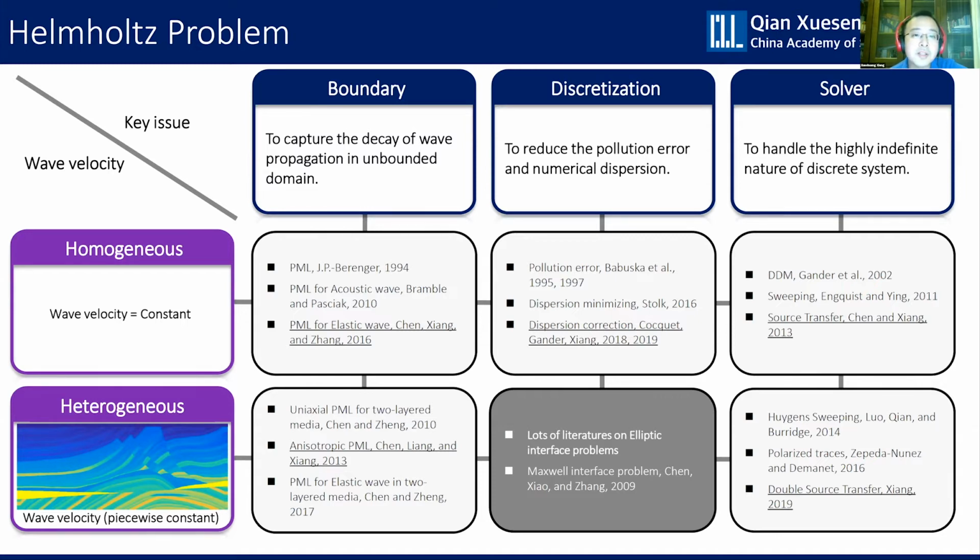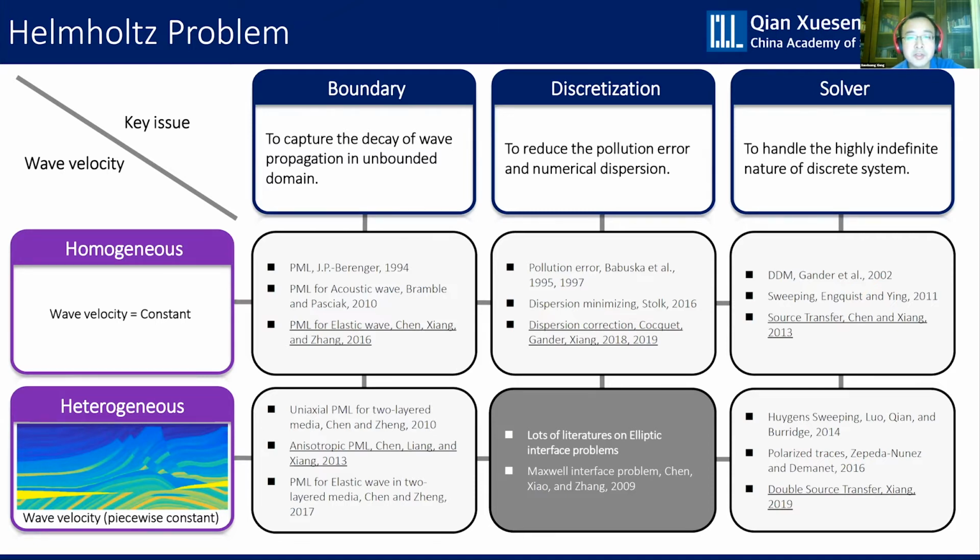For the boundary, our goal is to capture the decay of wave propagation in an unbounded domain. For discretization, our goal is to reduce the well-known pollution error and numerical dispersion. For the solver, our goal is to handle the highly indefinite nature of the discrete system.